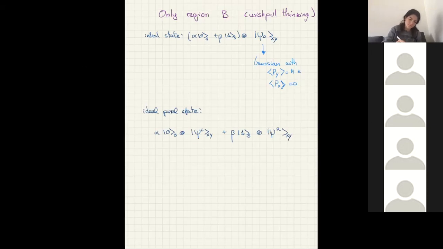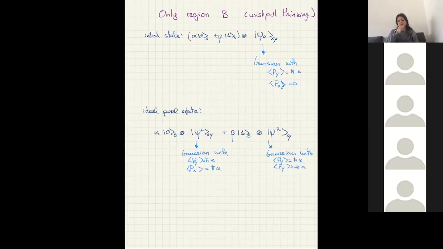Where ideally we'd want this to be a Gaussian again, still moving up, and now with the px being some value, and this one the opposite, py minus.